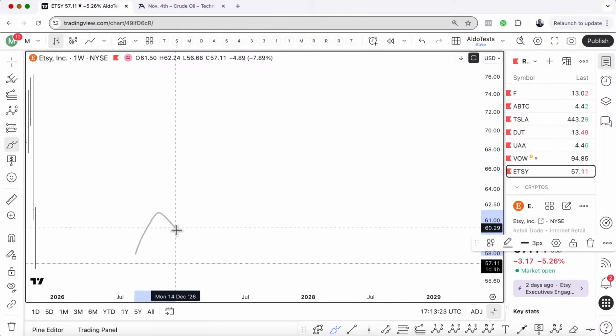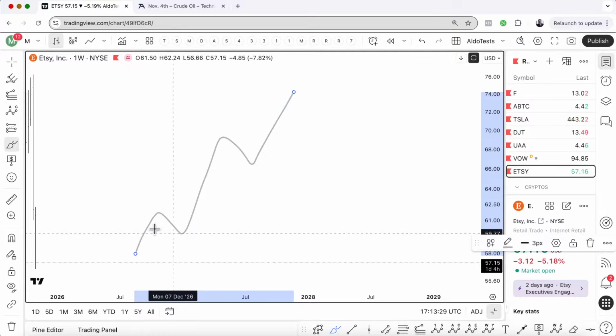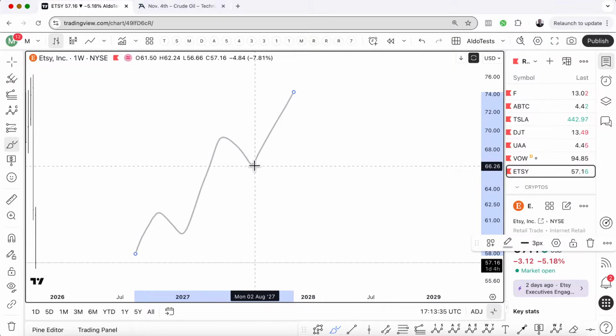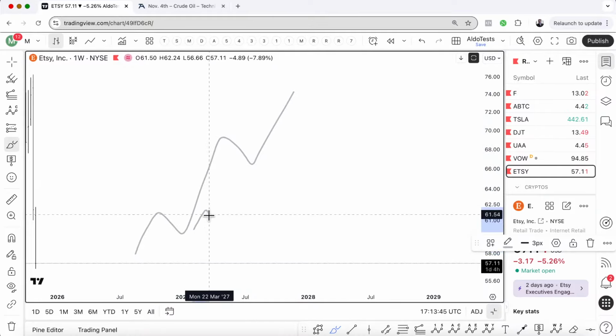Okay, so let's see what that means. We have the normal impulse with 5 legs. Wave 2 can never travel more than 100% the distance traveled by wave 1. Wave 3 can never be the shortest, and wave 4 can never end in the price territory of wave 1. Well, the extended leg, in this case wave 3, should follow the same rules.